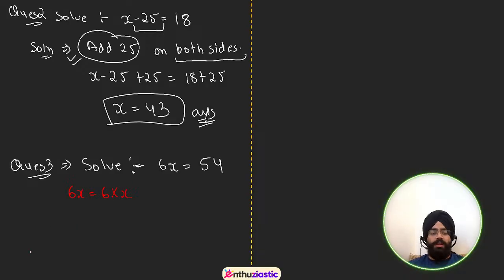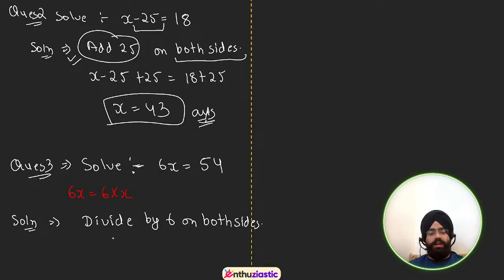And to make the variable alone, we have to do the opposite of it. The opposite of multiplication is division. So divide by 6 on both sides. So it should be 6x by 6 equals 54 by 6, right? 6 by 6 and 54 by 6.